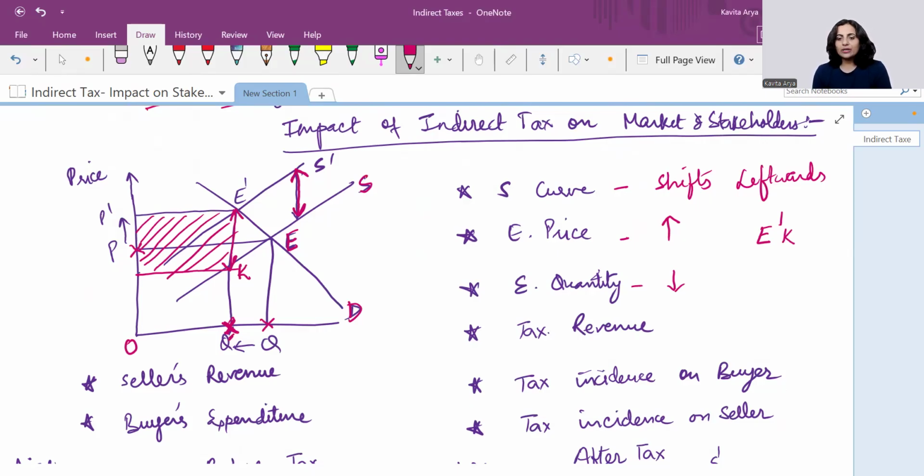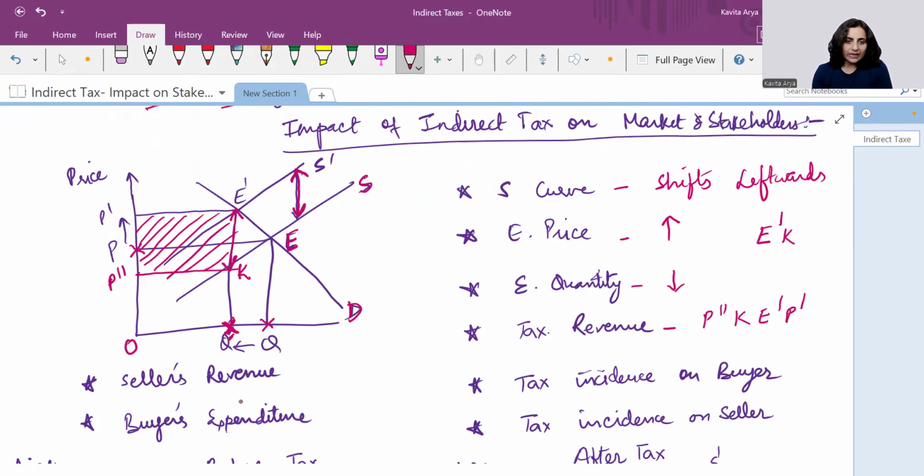So the tax revenue is this box, P double dash K E dash P dash, the shaded red box. Now the point is, what is the tax incidence on the buyer and what is the tax incidence on the seller?